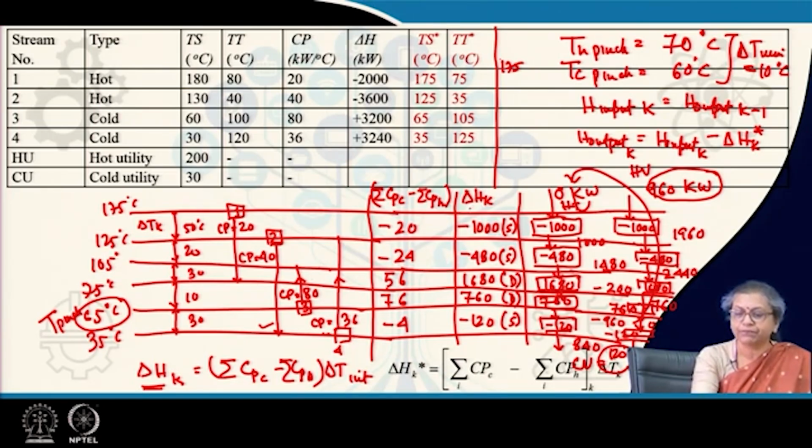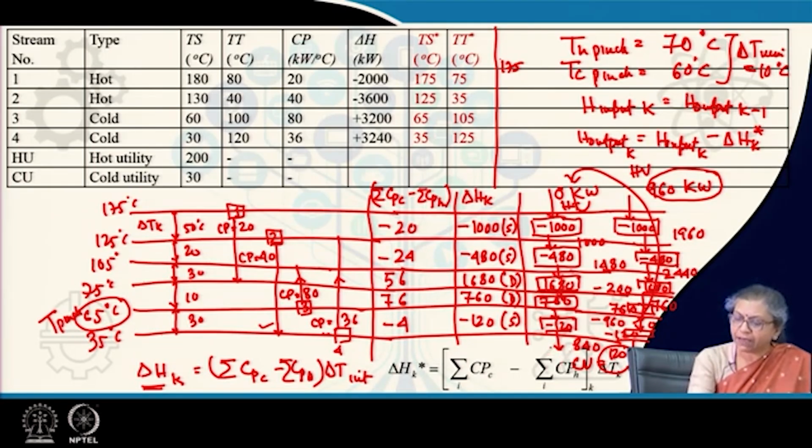Then I find out the delta H in each particular interval or cascade. Since these cascades are arranged from increasing to decreasing temperature, I try to ensure that whatever heat is entering the cascade can compensate the deficit heat inside, so that I can ensure a heat flow from a higher to a lower temperature.